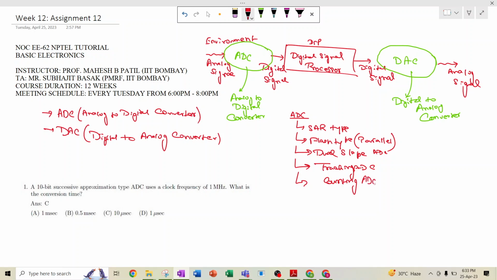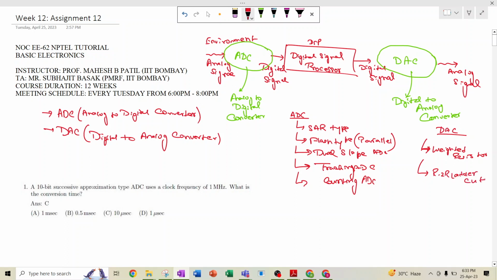Okay, and in case of DAC, digital to analog converter, the two most important digital to analog converters are, one is the weighted resistor, and the second one is the R2R ladder circuit.